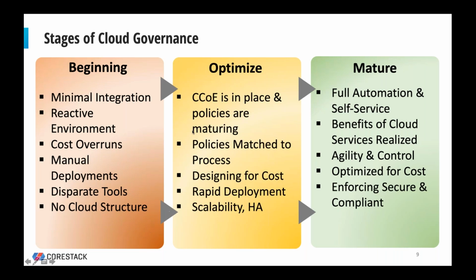What we find is most customers are kind of falling into this stage 2. They're starting to look at, well, how do we optimize not only our spend, but how can we streamline some of the day-to-day processes, as well as how does IT eliminate a lot of its backlog? See, what happens is the move to cloud, IT's lost a lot of control, which is fine. We want our users to be able to innovate, and we don't want them to have to go through IT.